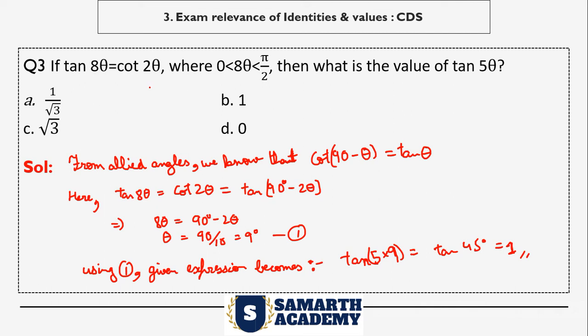That is the conversion of allied angles: sine 90 minus theta becomes cos theta, and cot 90 minus theta becomes tan theta. So 8 theta is equal to 90 minus 2 theta, and for theta we get the value 9. Based on this, we can simply calculate tan 5 theta, which is tan 45, and at 45 tan is equal to 1, right? So a simple 30-second question which has already been asked in the exam.